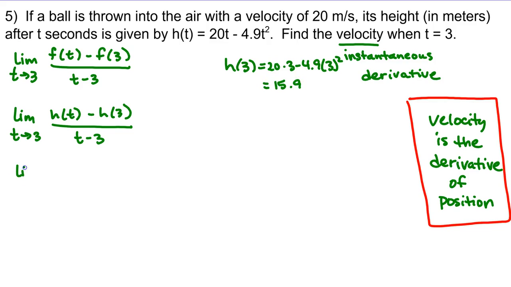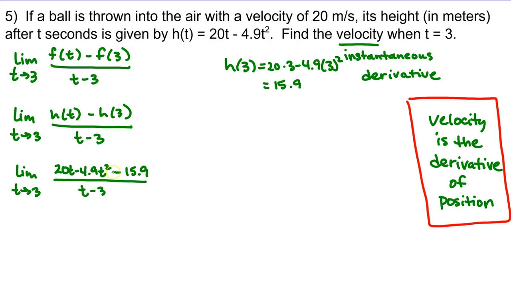Okay, so we have the limit as t approaches 3 of our function 20t minus 4.9t squared minus h of 3, which is 15.9, over t minus 3.